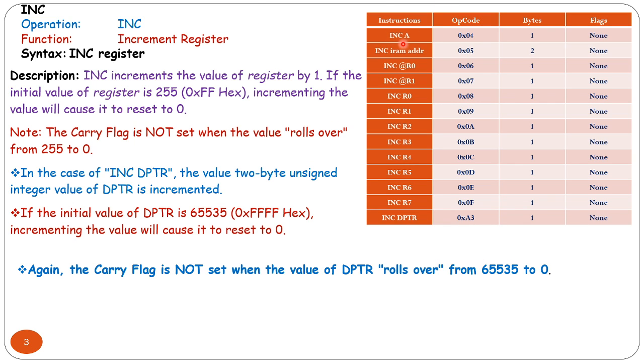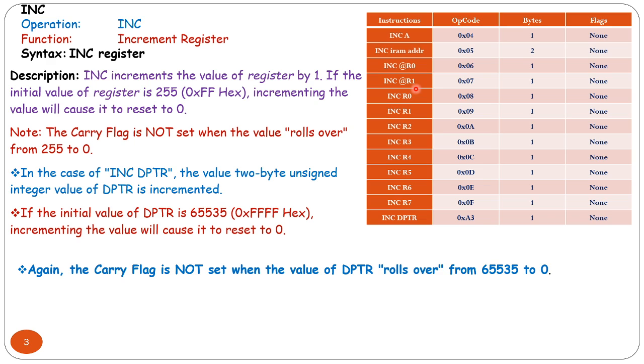Instruction INC A: the content of the accumulator is incremented by 1, having operation code 04H. None of the flags change. INC direct: increment internal random access memory content by 1, operation code is 05H. INC @R0: the content of random access memory indirectly pointed by R0 is incremented by 1, operation code 06H.